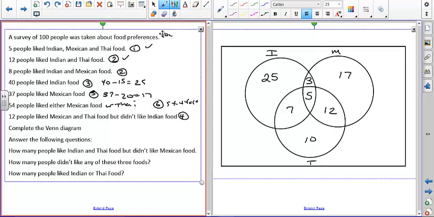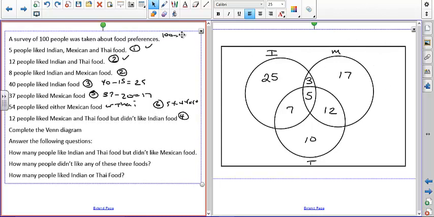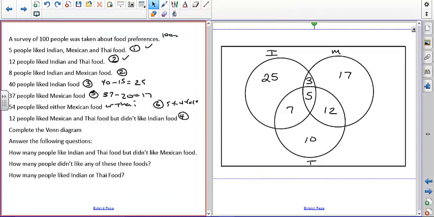So if we take 100 minus 79, we get 21. I'm just waiting for my cursor to work again. Oh, there we go. So 100 minus 79 is 21, so 21 here.